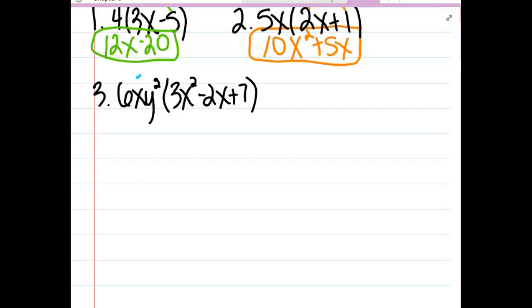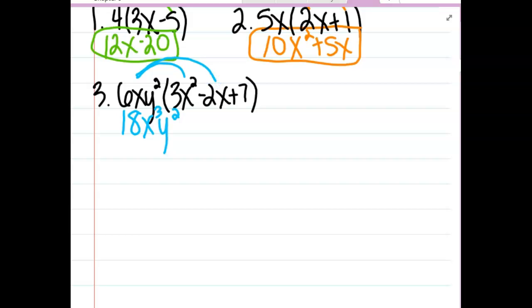You're going to distribute, multiply that 6xy squared times all 3 of these terms. So take it step by step. Do the numbers first. 6 times 3 is 18. Do the x's. X times x squared would be x cubed. And don't forget, we do have that y squared. There's no other y's to kind of combine in there, but you do still have to put the y squared there. Okay? Then we're going to take 6xy squared times a negative 2x.